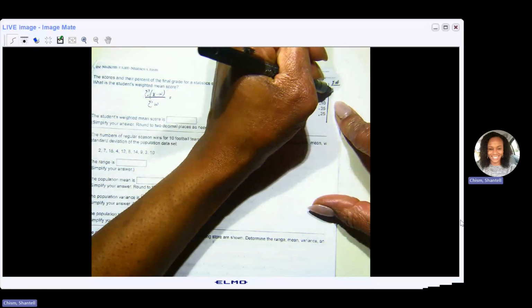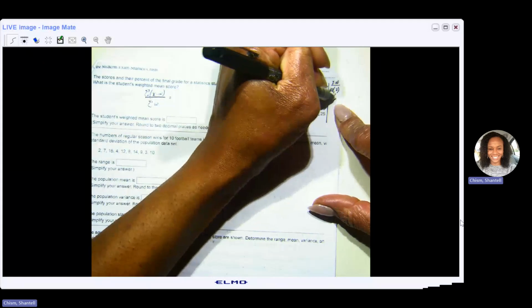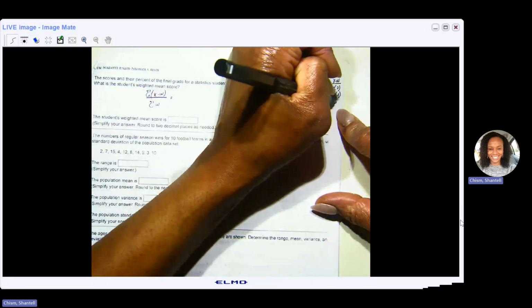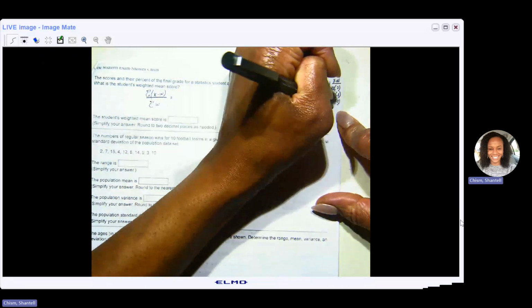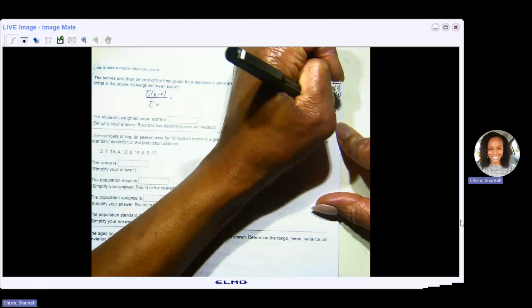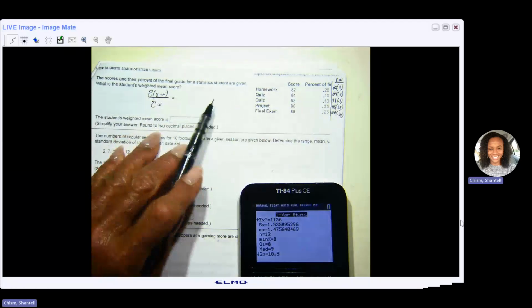So 82 times 0.2, 84 times 0.10, and you can show the 0 or not. 0.2 is the same thing as 0.20. 0.1 is the same thing as 0.10, okay? 98 times 0.1, 98 times 0.35, and then 88 times 0.25. And again, I'm so out of room there. I'm sorry for that. So I'm going to get those products, and then I'll put all of that up here, just showing that I'm going to add all of them.